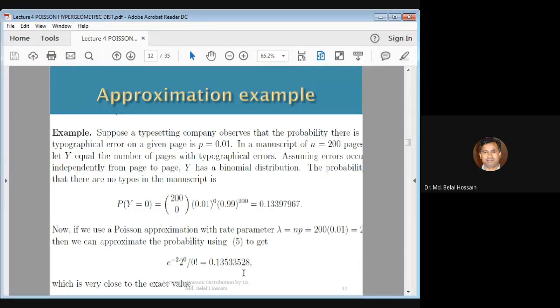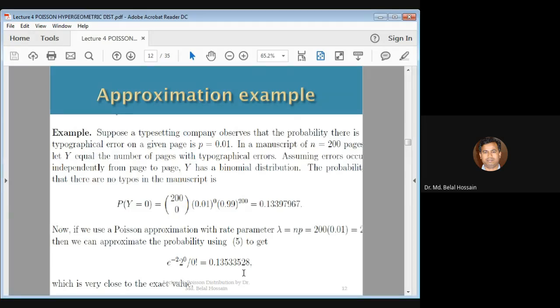So when n is increasing, n is close to infinity, that is sufficiently large. How large? It means a very big number. Then these two distributions are very close.